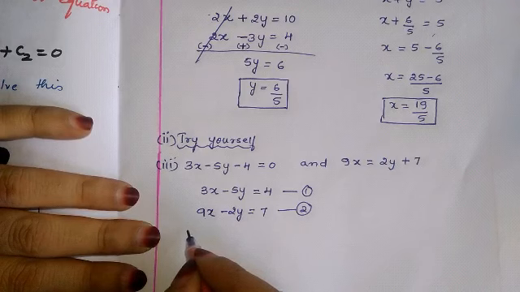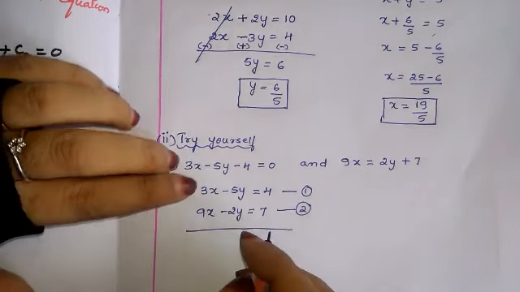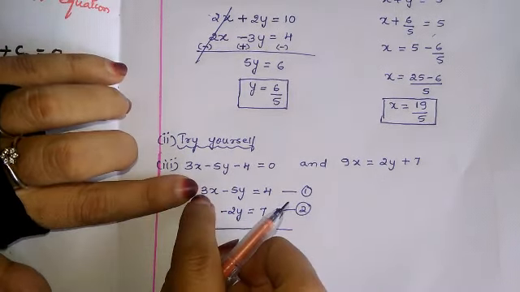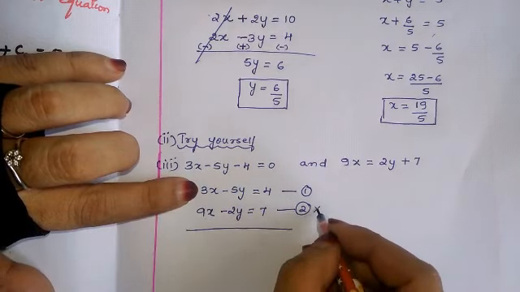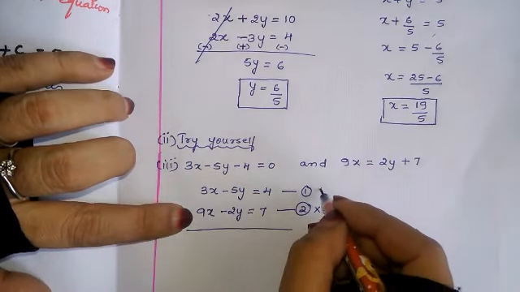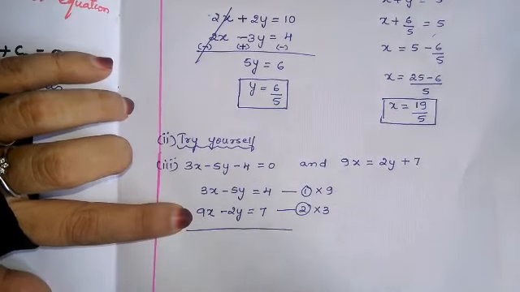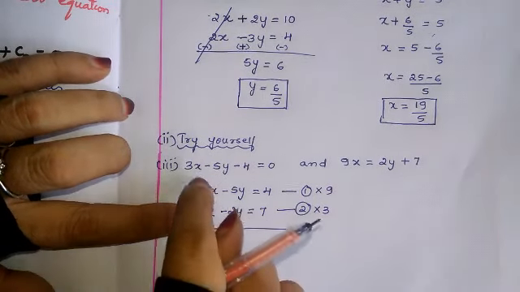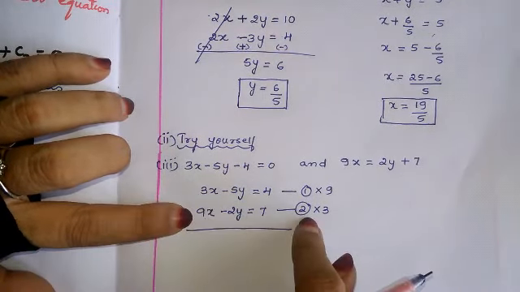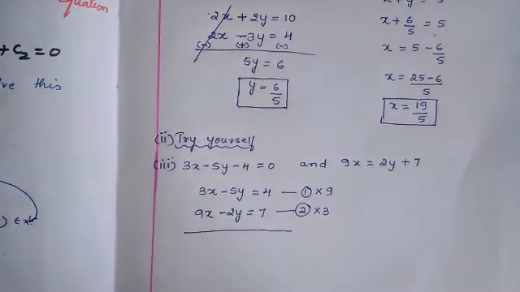So to eliminate this, what we have to do? 3, first constant, we have to multiply to this, and 9 we will multiply here, like how I have done in the previous problem. 3 to the next equation, 9 to the next equation. Okay.